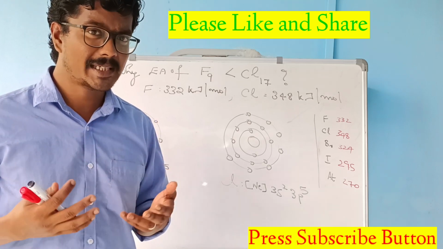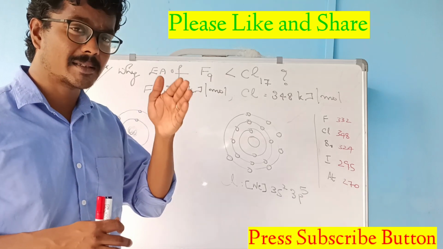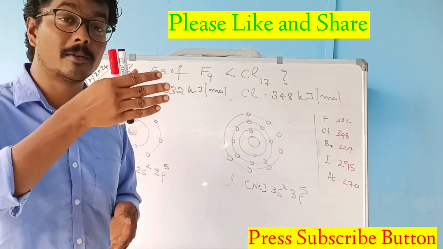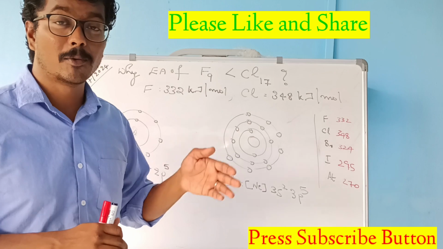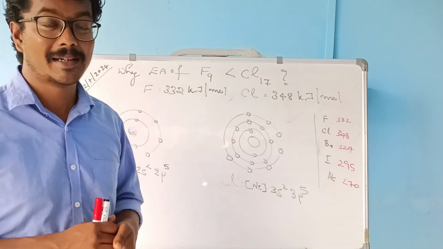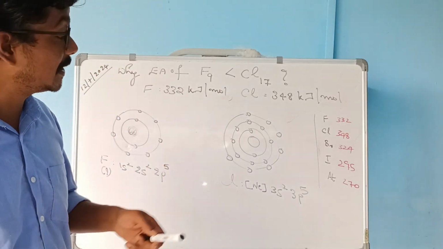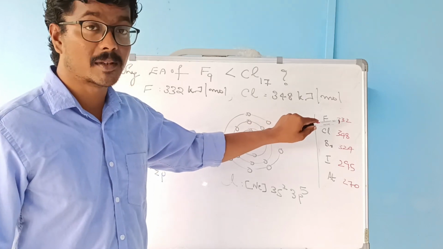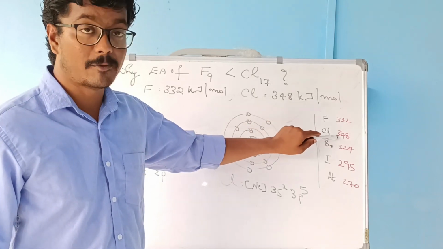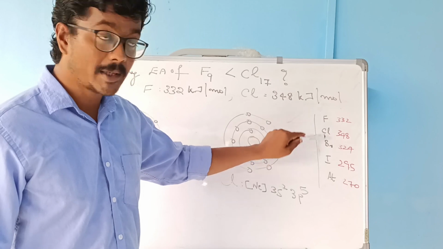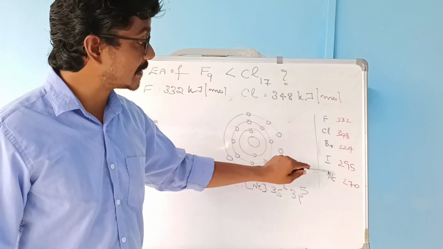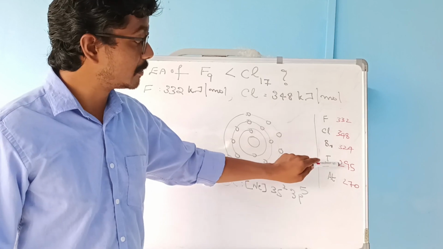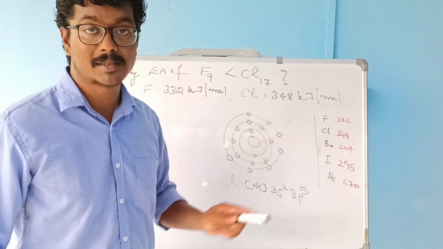So we will expect that fluorine, as it is positioned in the topmost position of the halogen family, possesses the highest electron affinity, right? But that is wrong. Experimentally it is found that fluorine possesses the electron affinity of 332, chlorine is 348, and following that, bromine, iodine, and astatine. It's a general trend. Bromine possesses 324, iodine possesses 295, astatine possesses 270.